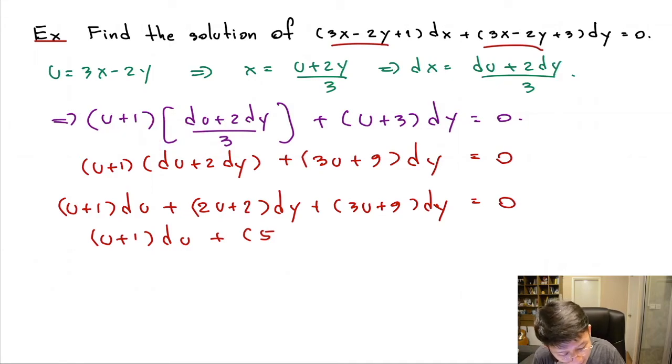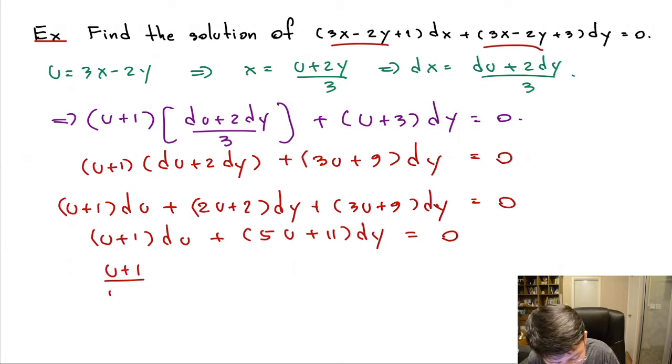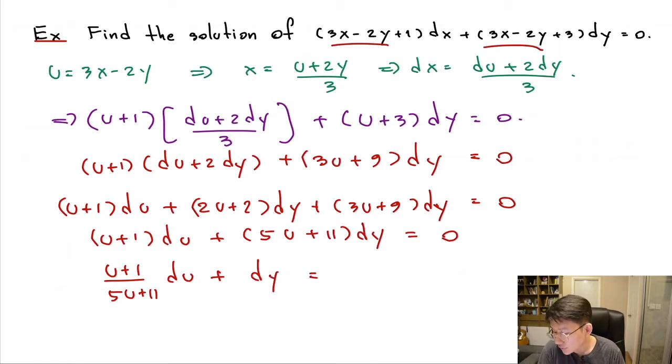So it's 5u plus 11 dy equals 0. So I have u plus 1 divided by 5u plus 11 du plus dy equals 0. Make sense?